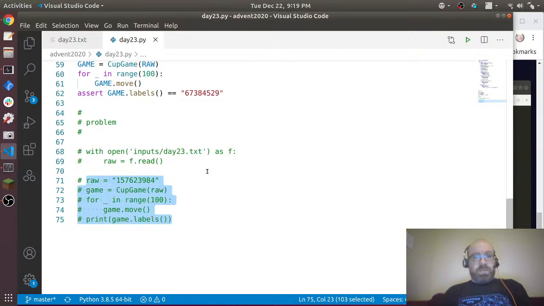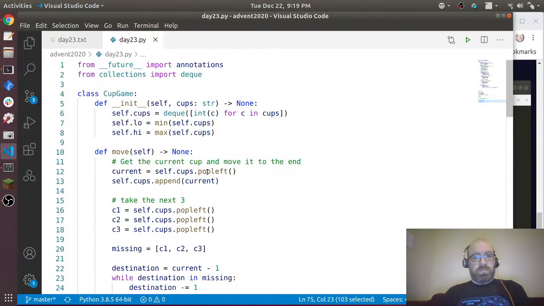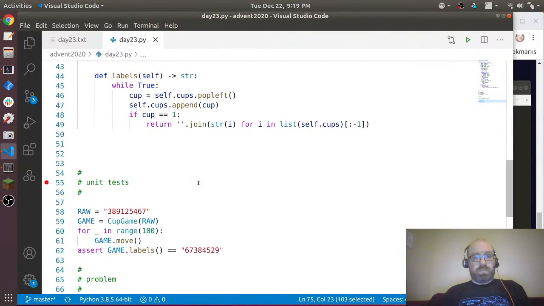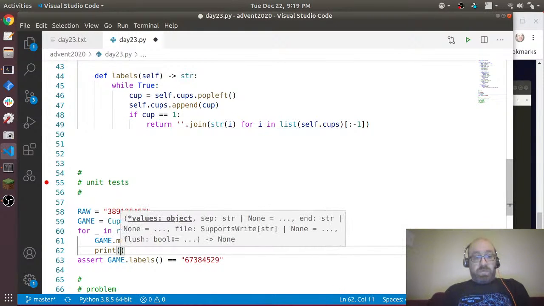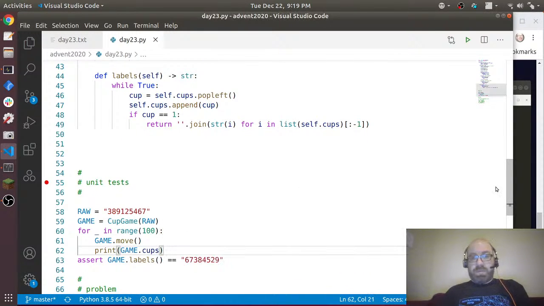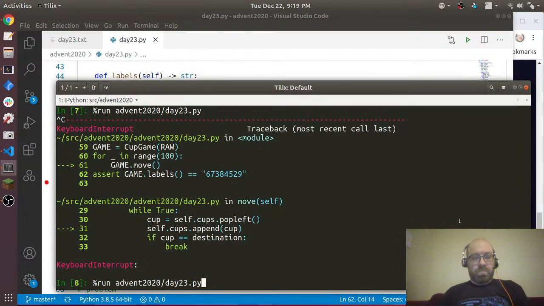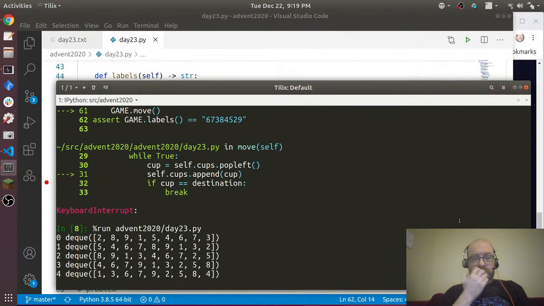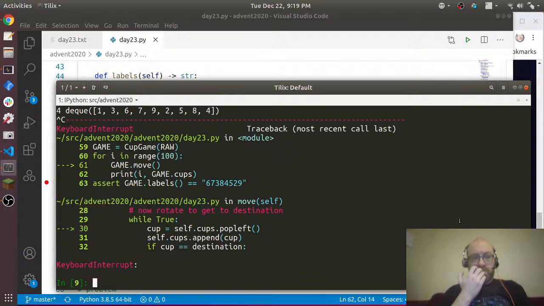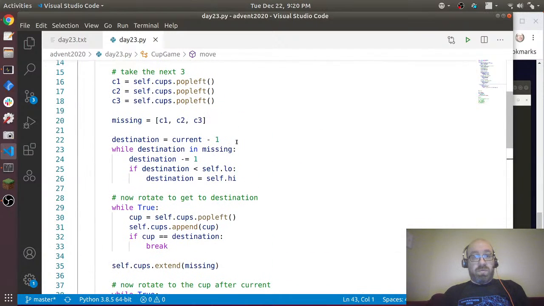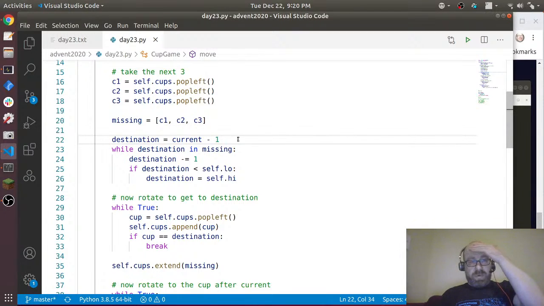So let's figure out why it's broken. Print game.cups, and we'll figure out what I broke. While True, cup equals self.cups. Oh, I see what's going on.